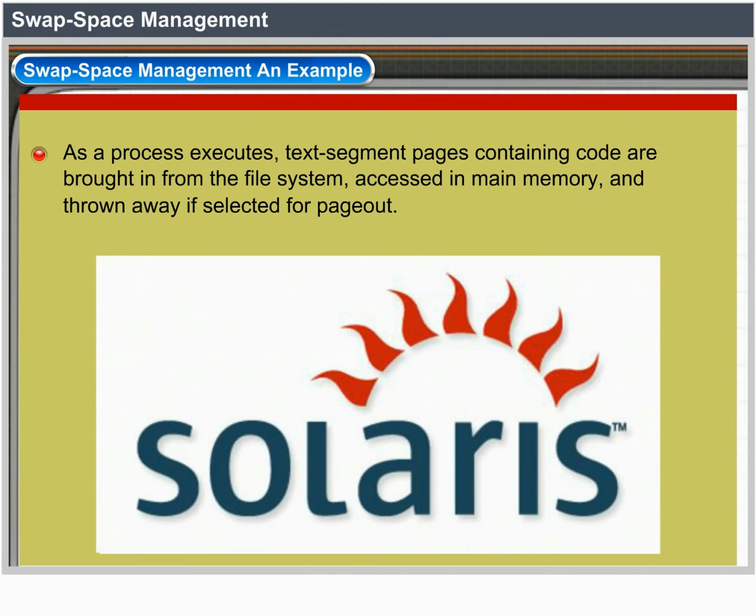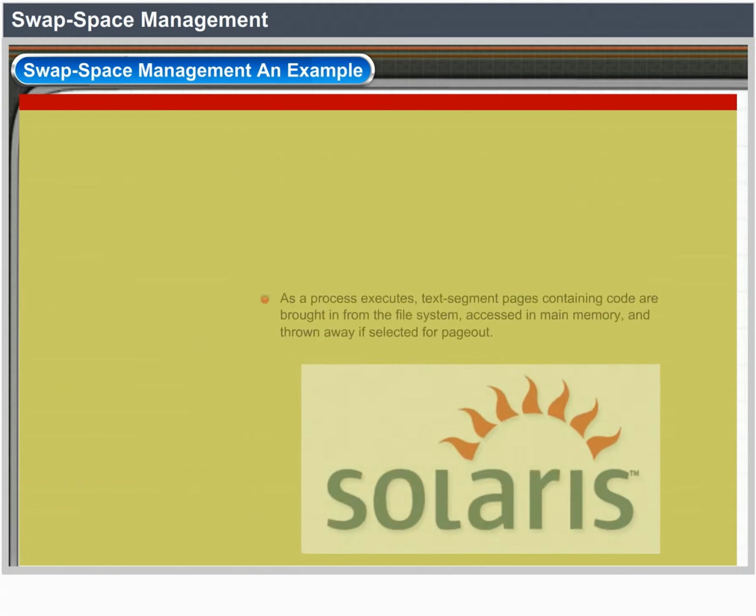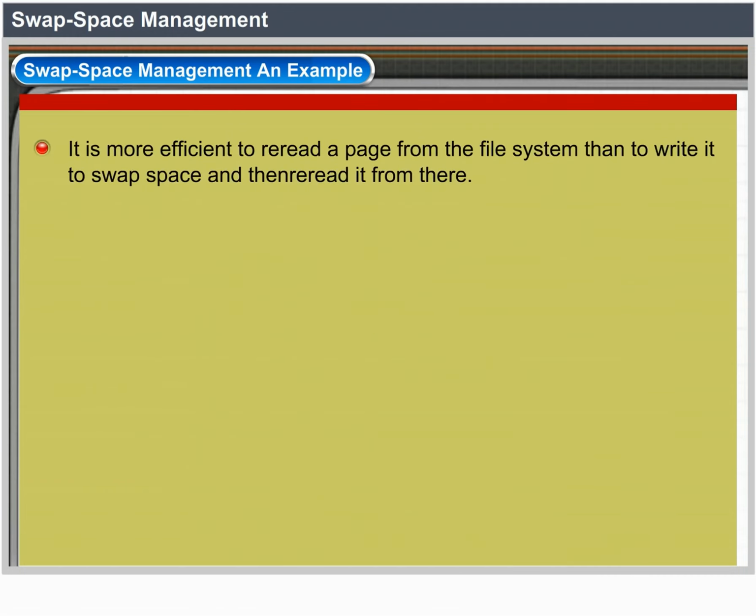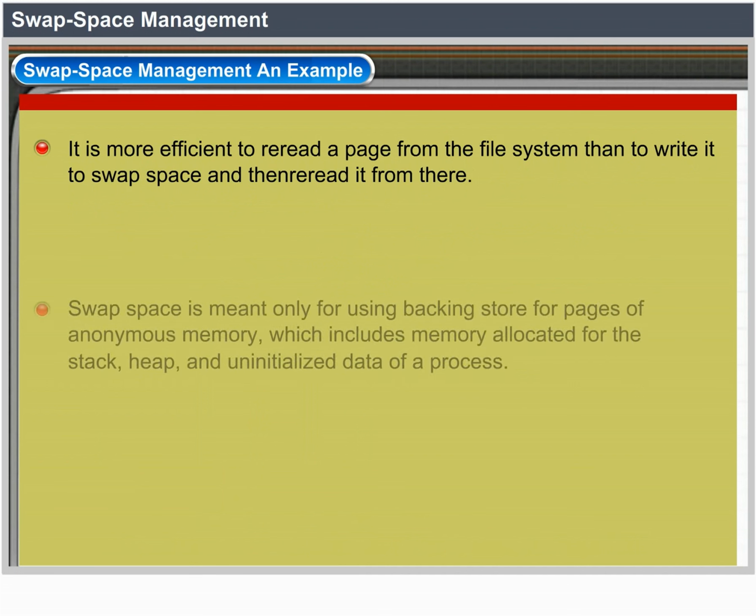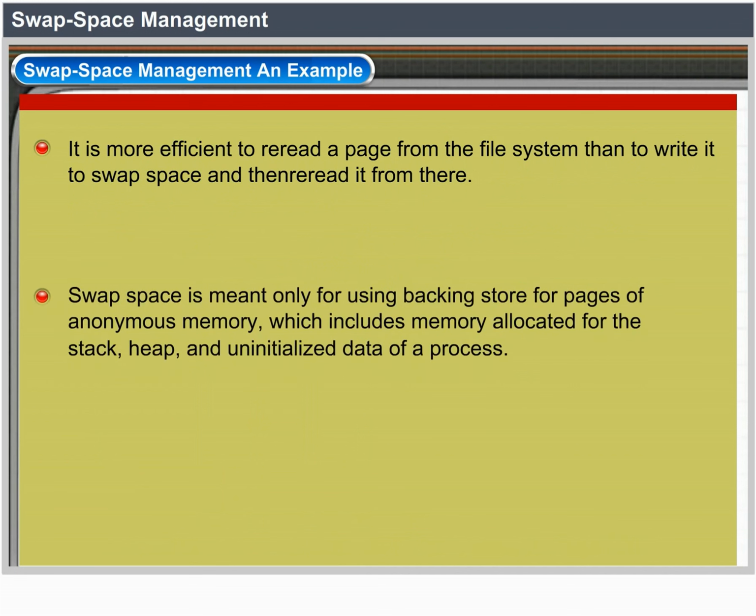It is more efficient to reread a page from the file system than to write it to swap space and then reread it from there. Swap space is only used as a backing store for pages of anonymous memory, which includes memory allocated for the stack, heap, and uninitialized data of a process.